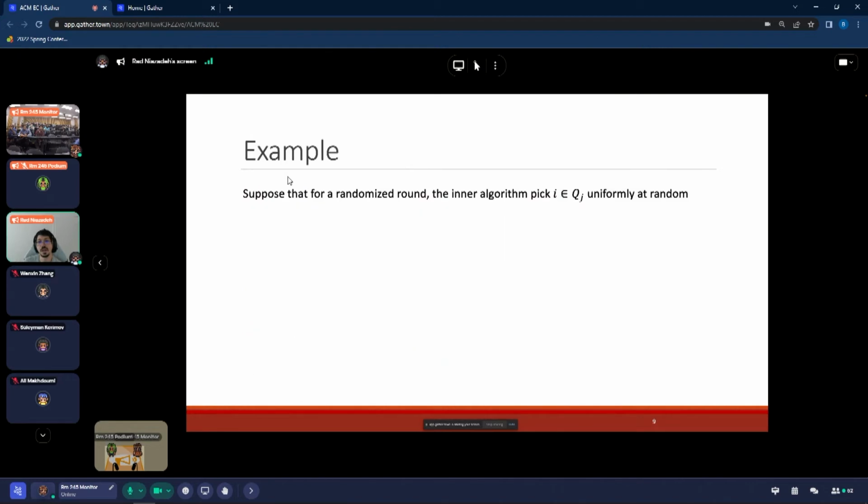For example, consider a simple randomized inner algorithm that, upon receiving a proposal Qj, picks a vertex I in Qj uniformly at random. And suppose that this is our online graph, and a first online vertex arrives with 3 neighbors. If the outer algorithm proposes 2 of them, it only knows that those 2 vertices are matched with probability of half.